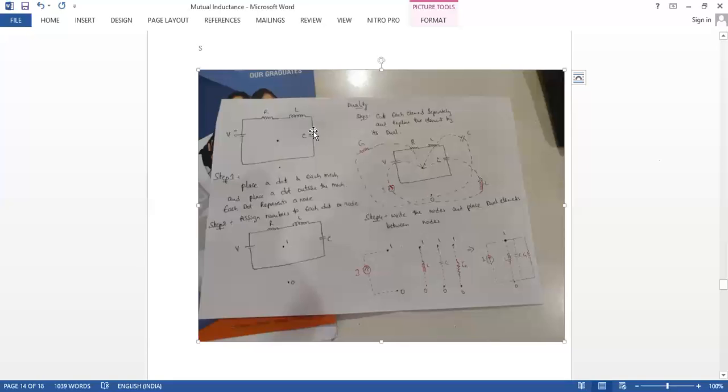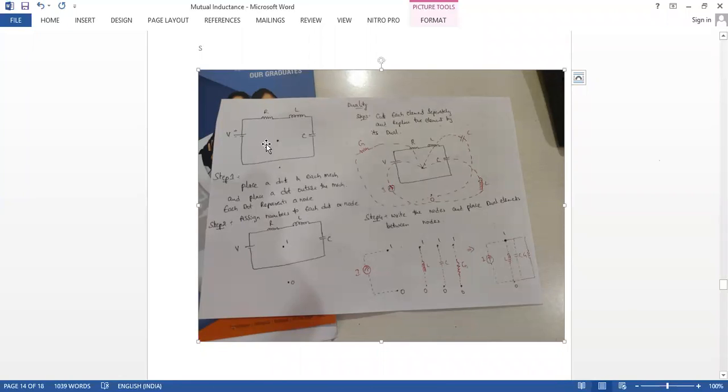Capacitor symbol, two parallel lines. Just draw this circuit: battery, that is voltage, positive, negative, resistor, inductor, capacitor. All are connected. Draw fast. Even a rough diagram, draw neatly.